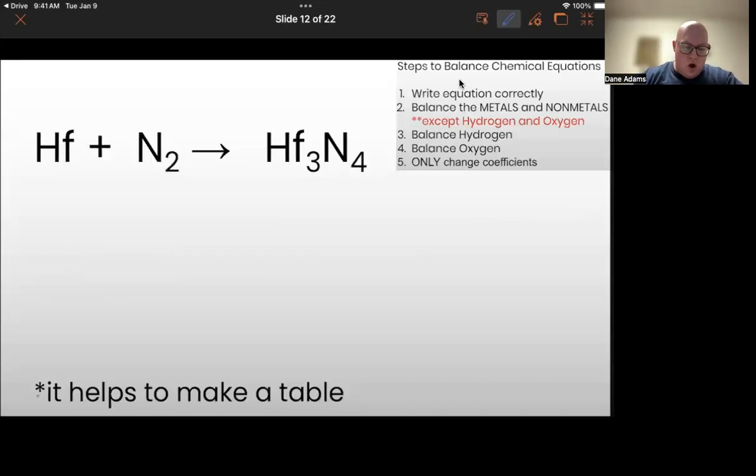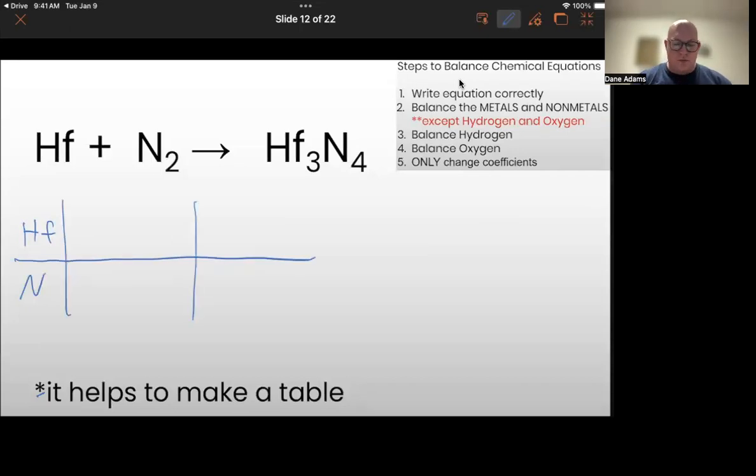I put a little star down here that says, if you want to, I think it's helpful to make a table. You could make your table look something like this. Over here, you can put all your elements, and then make two columns, one for the reactant side and one for the product side.